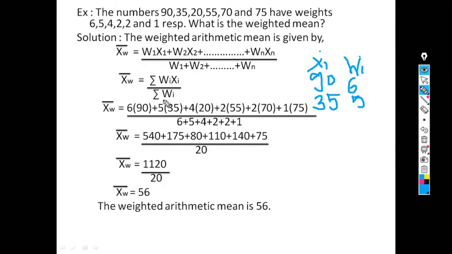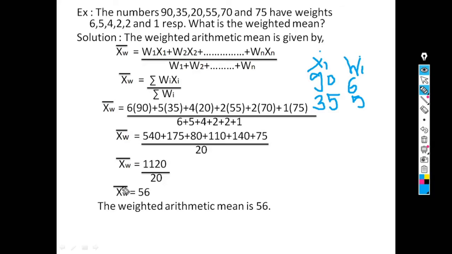So xw bar is 90 into 6 is 540 plus 35 into 5 is 175 plus 20 into 4 is 80 plus 55 into 2 is 110 plus 70 into 2 is 140 plus 75 into 1 is 75, divided by the sum of all these weights, that is 20.